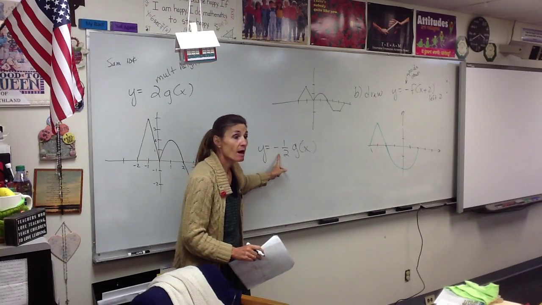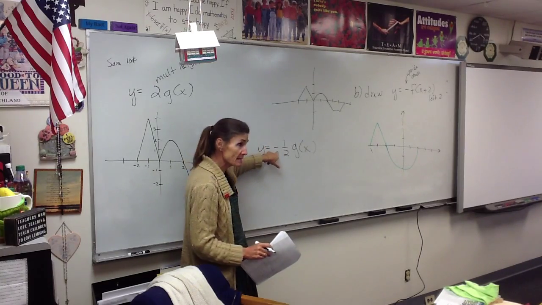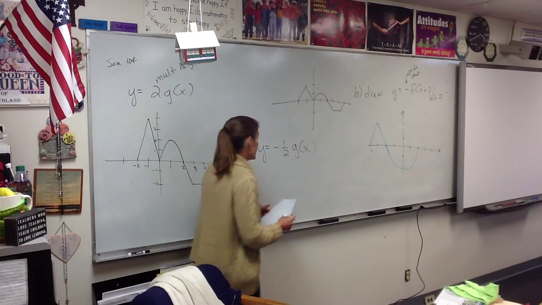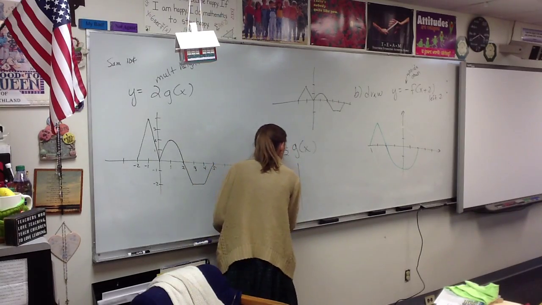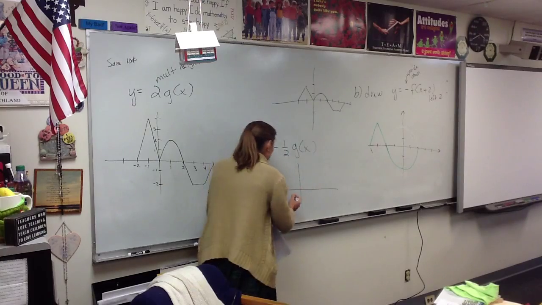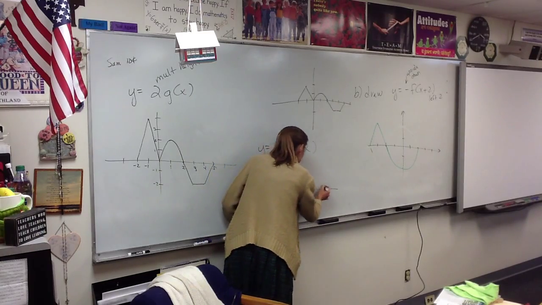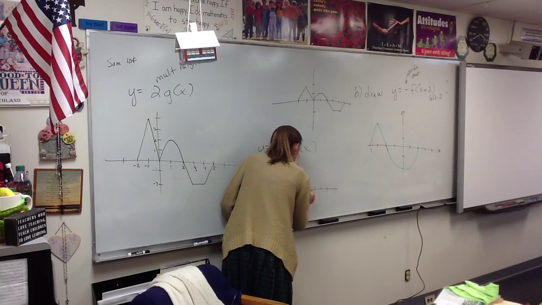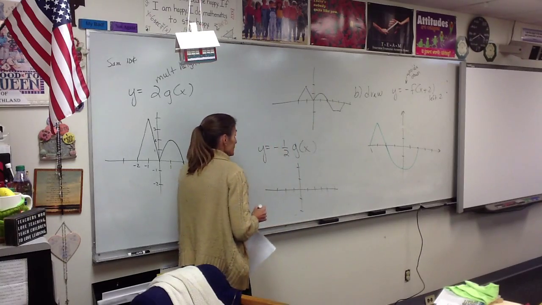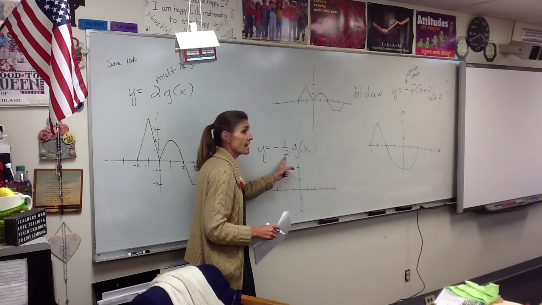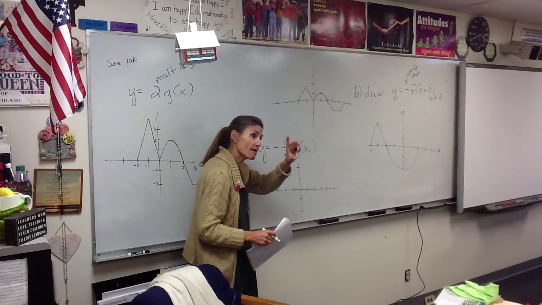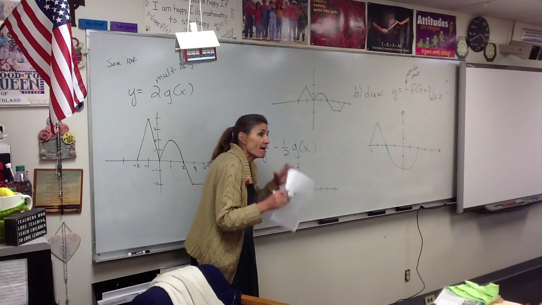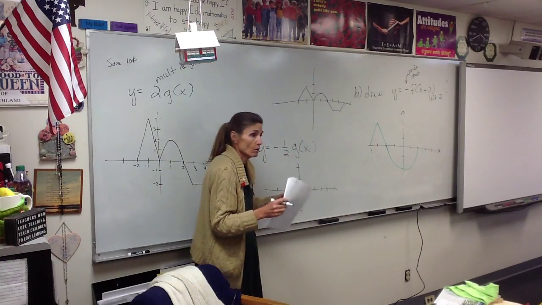It's going to flip it upside down. So again, that's 2 steps. Some of you are fine doing 2 steps. I am not, so I'm going to do one at a time. First thing I'm going to do is take 1/2. It's going to be 1/2 as tall. That means everything is 1/2 as tall.